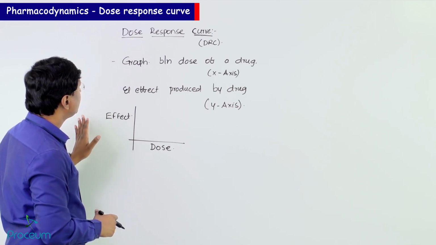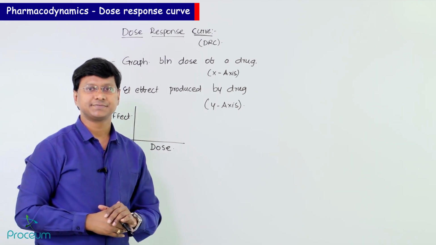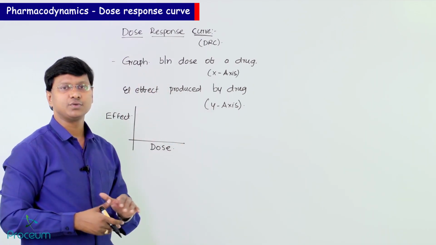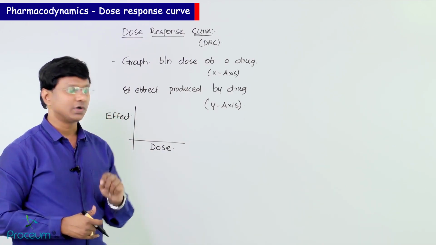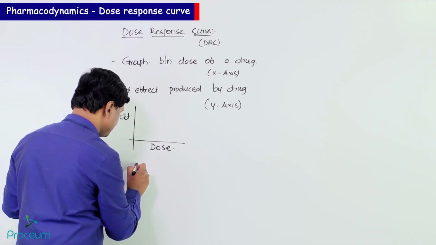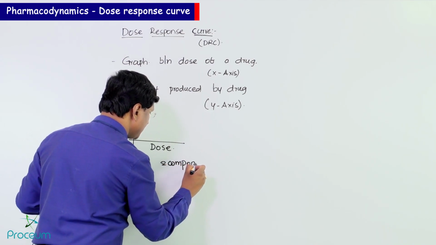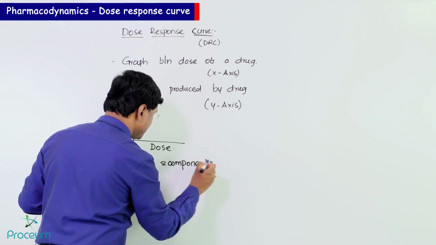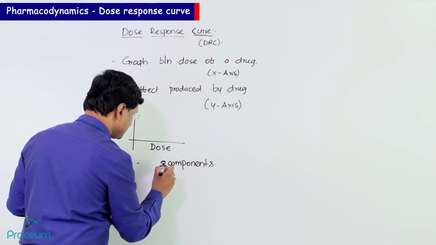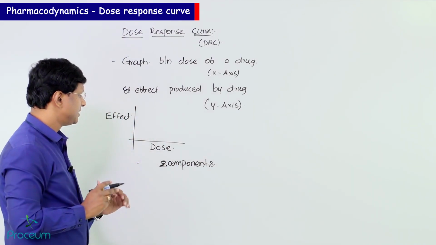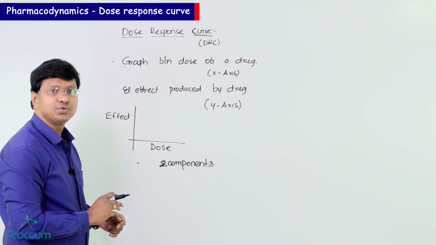Now remember another very important point here. This particular dose response curve consists of two components. What are these two components?